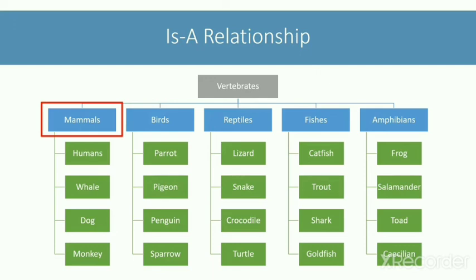Then, from mammals, we can derive specific examples of mammals like humans, whales, dog, monkey, etc. Each one of these, human, whale, dog, monkey, is a mammal. This is another example of hierarchical is-a relationship where whale, in addition to its own unique characteristics and behaviors, inherits all the characteristics and behavior of mammals and vertebrates. Similarly, we can expand it for birds, reptiles, fishes, and amphibians as well.